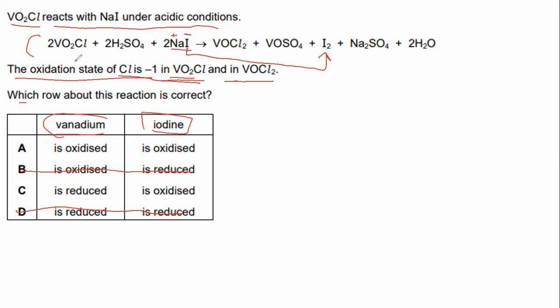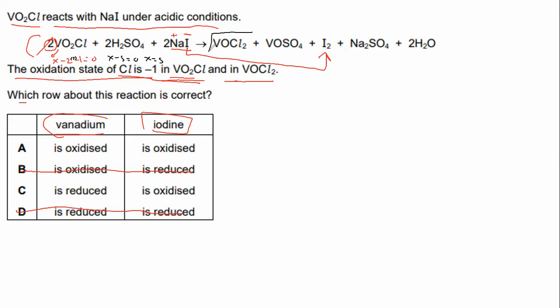Right, let's talk about vanadium. Vanadium, guys, here is X. Oxygen is always -2, and they told us that Cl is -1, equal to 0. We have no charge here. So we have VO2, so we multiply this one by 2. So X - 5 equals 0. X will be 5, right? Yes, X will be 5.